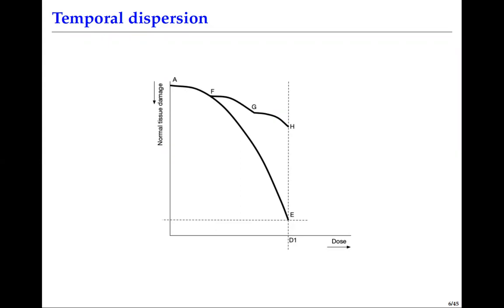So the main idea in temporal dispersion is how to trade off between the different ways in which the tumor and different normal tissues react to radiation. In particular, how do we use that to maximize tumor kill without harming the normal tissue too much, by limiting the toxic effects of radiation on the normal tissue? So that's the idea in temporal dispersion.